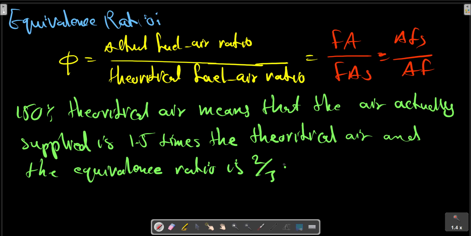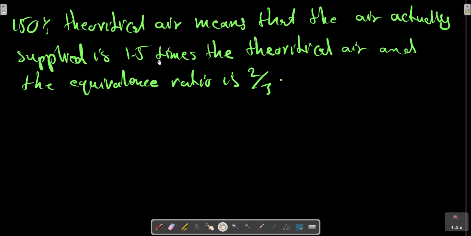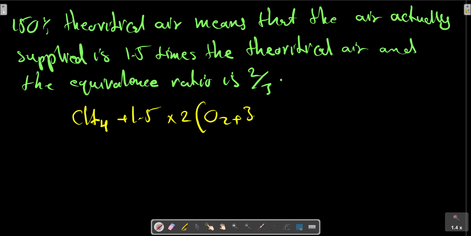For the complete combustion of methane with this theoretical air, we can write plus 1.5 theoretical air ratio multiplied by 2, N2.